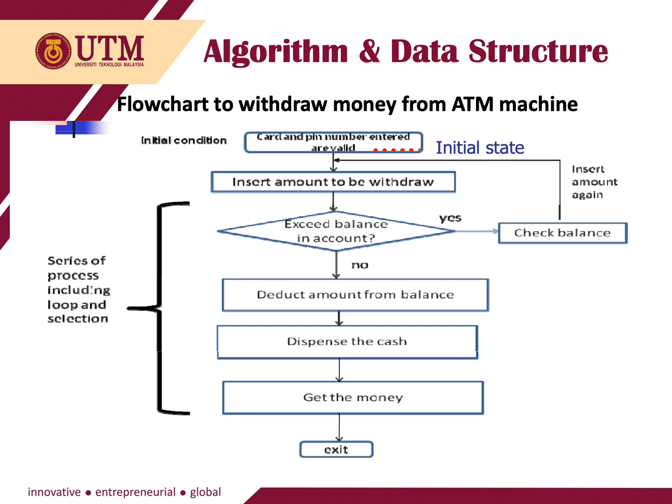Then once he inserts the amount to be withdrawn, we check whether it exceeds the balance in the account. If the balance is not enough, the customer has to insert the amount again. If not, then you deduct the amount from the balance, meaning that he can get the money. So basically this is the loop and selection process.